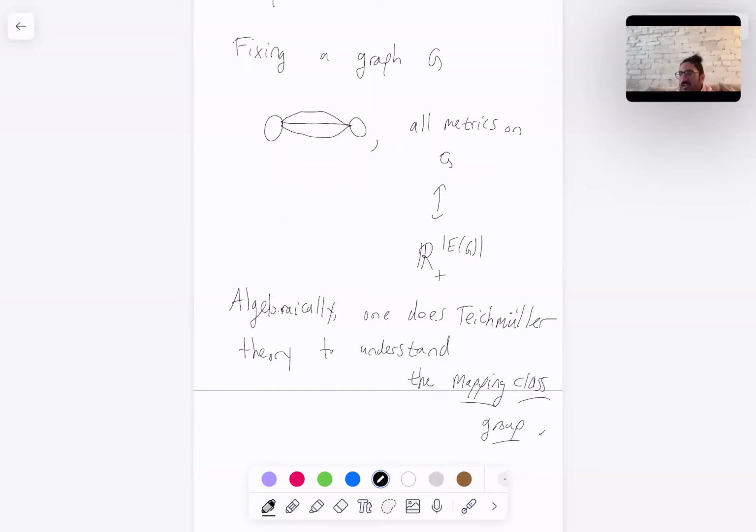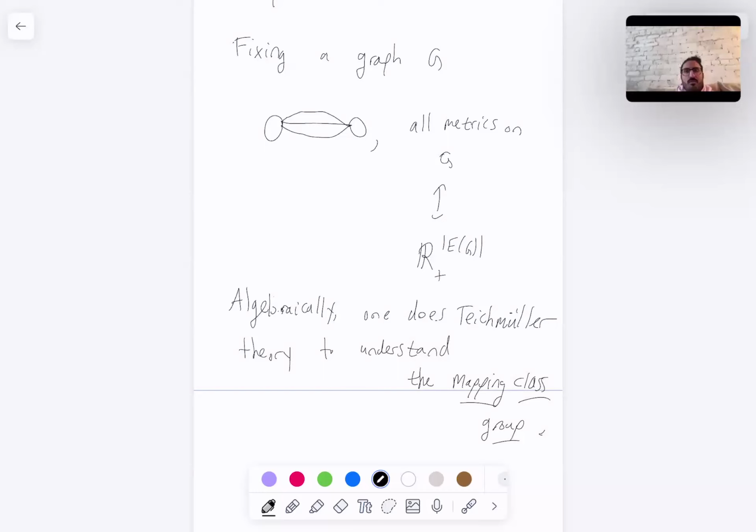I'll just say it is a centrally important group that is studied in surface topology, in three-manifold topology, and four-manifold topology. And the point of geometric group theory is to study the algebra of a group via a geometric action that it enjoys on some space that you have access to.